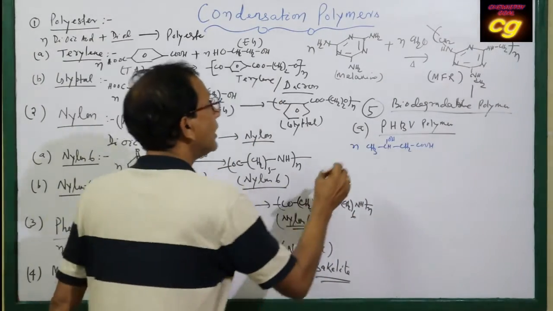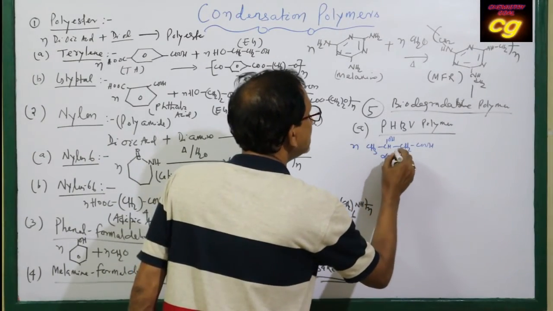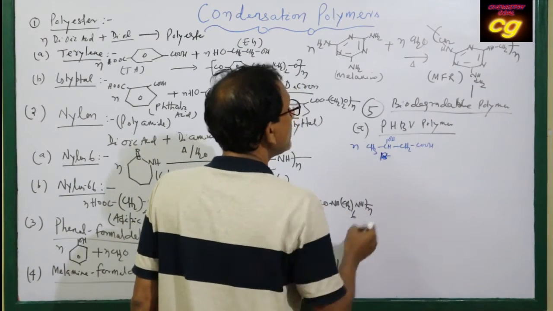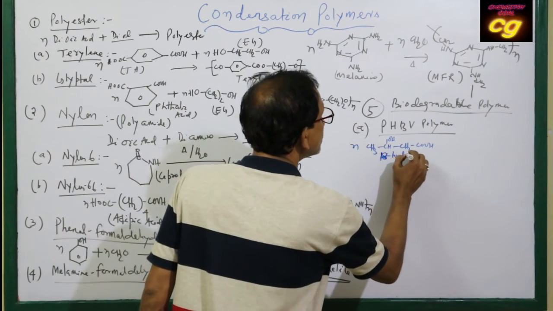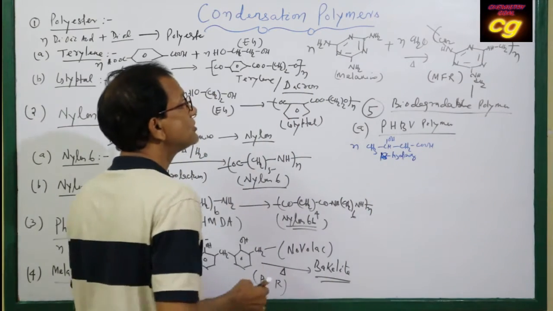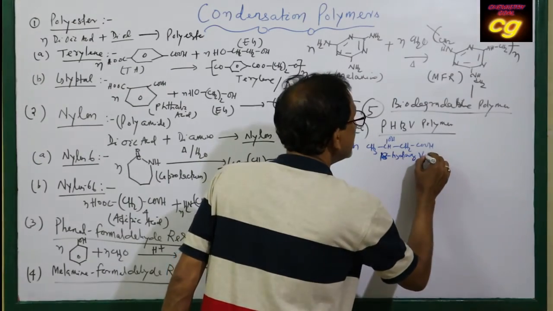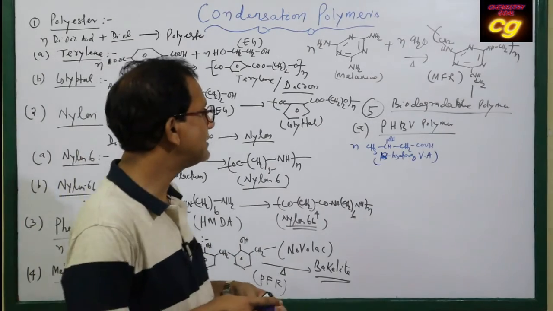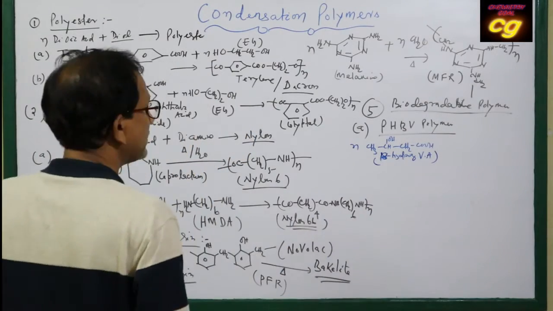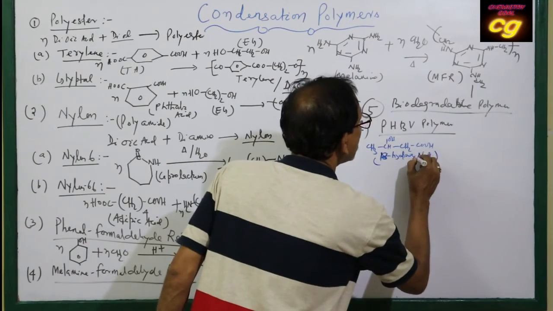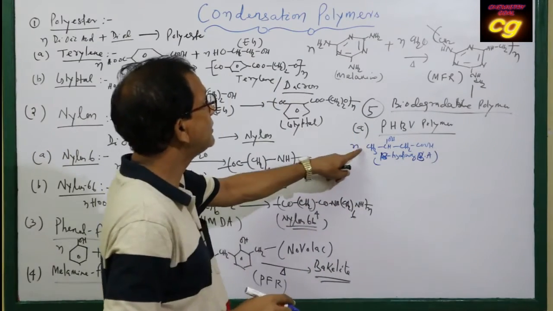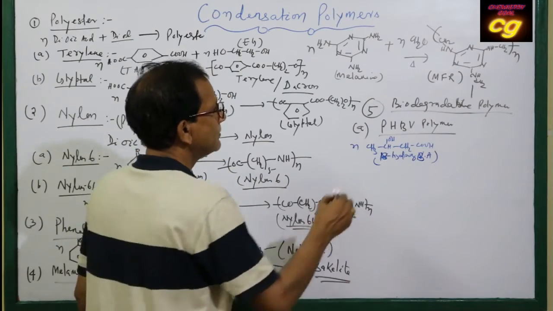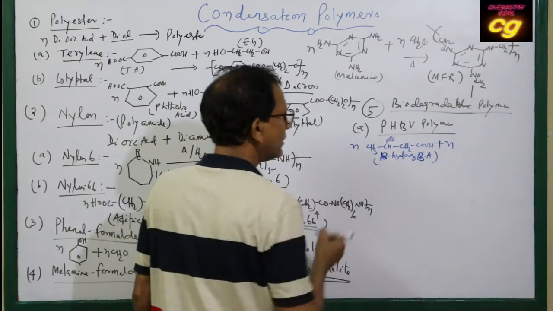This is beta hydroxy valeric acid. Short form is VA, I am writing, VA means valeric acid. Butyric acid contains 4 carbon atoms, 1, 2, 3, 4. So beta hydroxy butyric acid, then mix with n number of what?